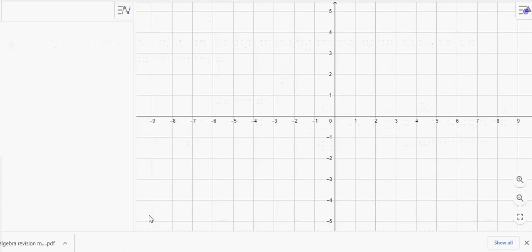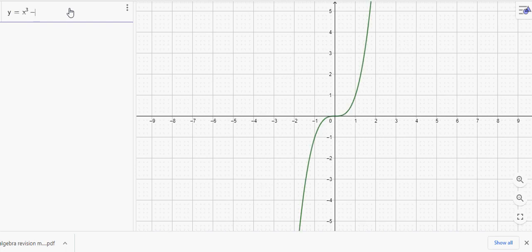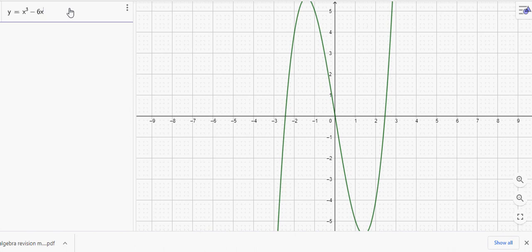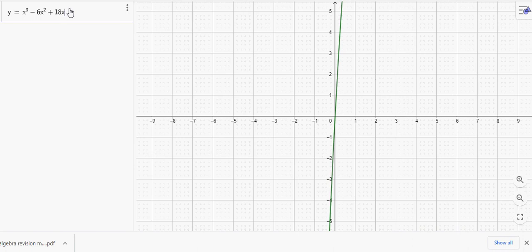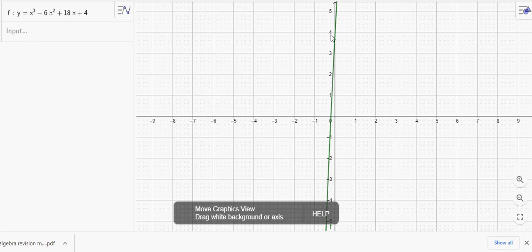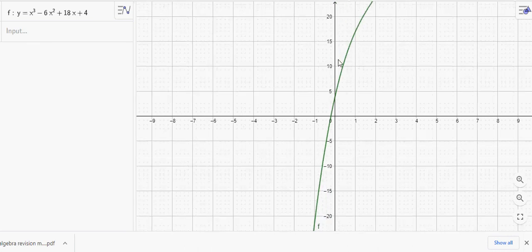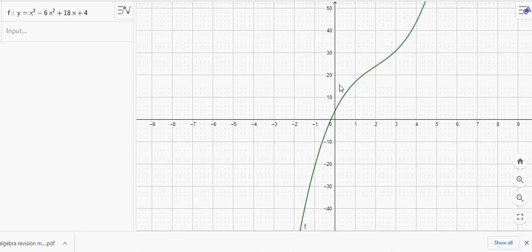So here's what we're going to do. What's the first one, Phelan? x cubed minus 6x squared plus 18x plus 4. Ouch. Alright, now that looks like nothing really, but if I drag it down, we'll see the graph in a second. It's always increasing, isn't it?